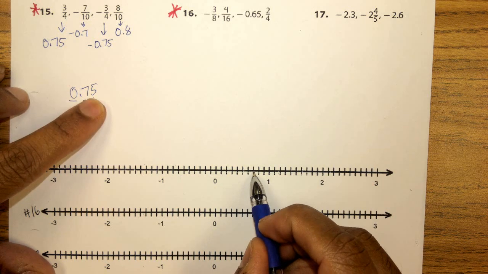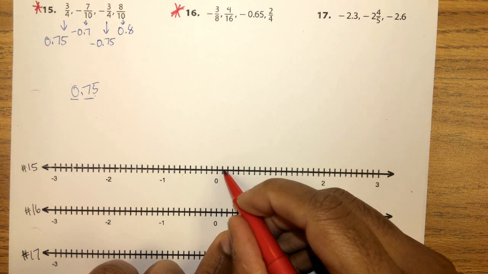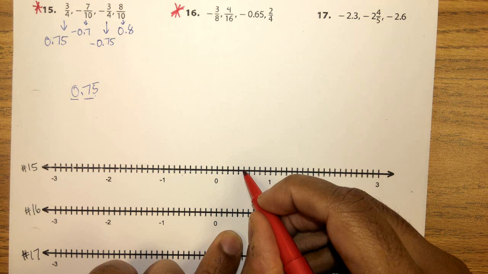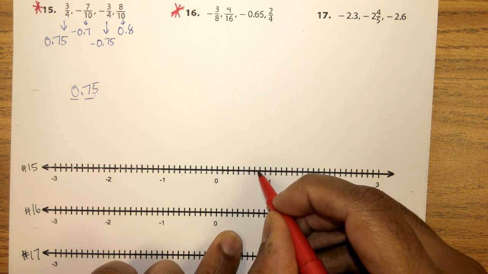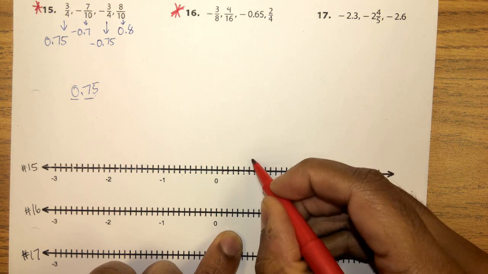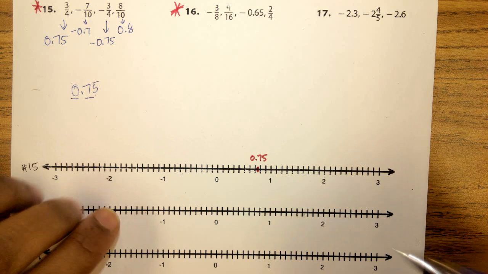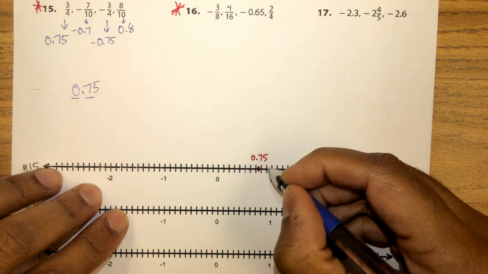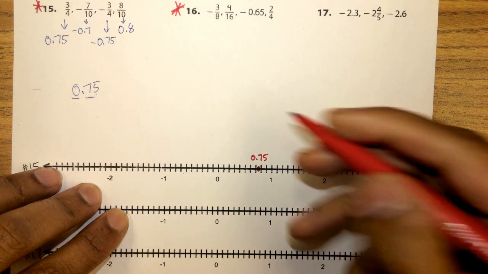And then 5/100 is just about halfway. So that's 0 and 75/100. Let's do our other positive one. 8/10 is right next to that.